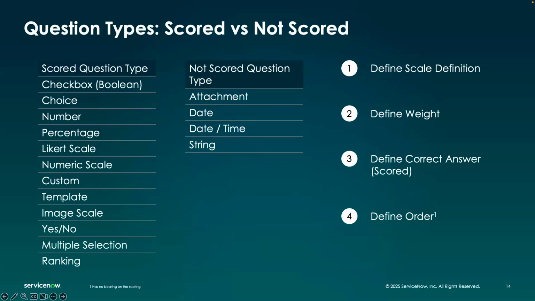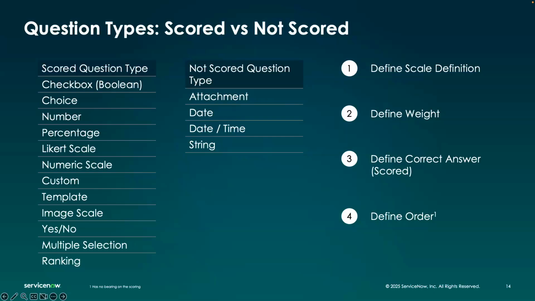Basically, metrics which are flagged with scored equal to true, and an order which controls how the questions appear to the responder. Now, which question types are actually scored or contribute to the score?